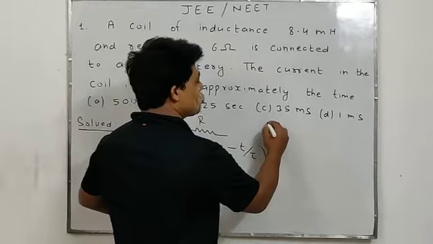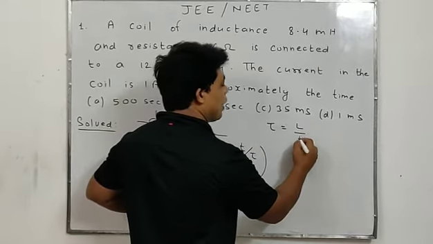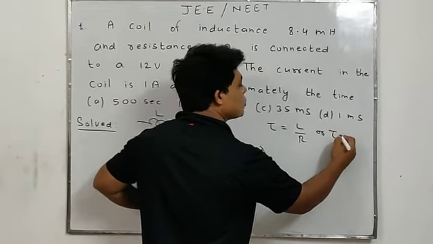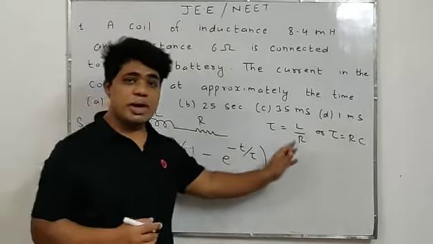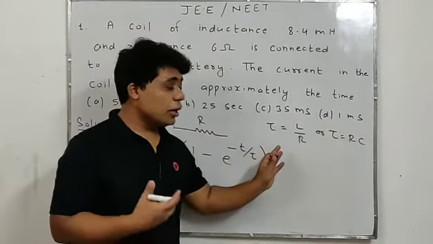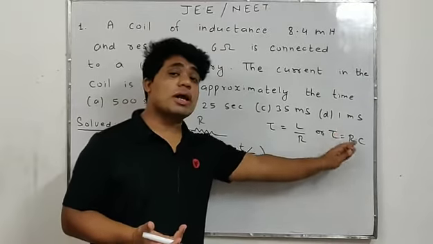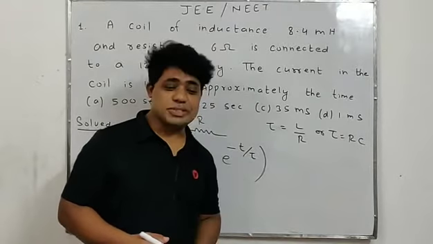This tau has two values, either L upon R or RC. In case of an inductor, we'll use L by R as the time constant, and in case of a capacitor, we'll use R into C, where R is resistance and C is capacitance.